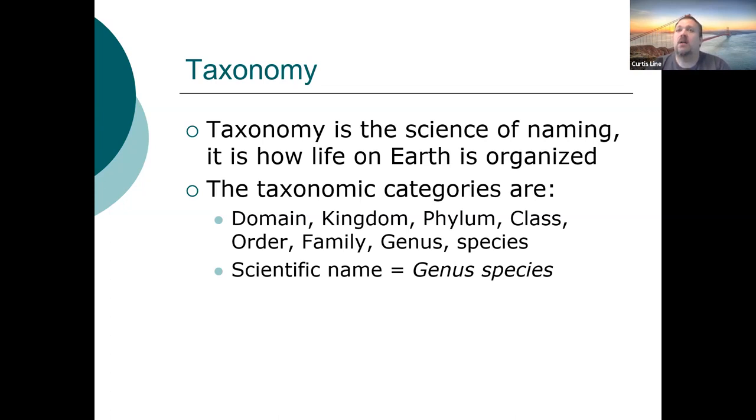All right. Now, order is when the two diverge. Okay. So humans are in order Primates because we are primates. What makes us primates is we have an opposable thumb. Okay.